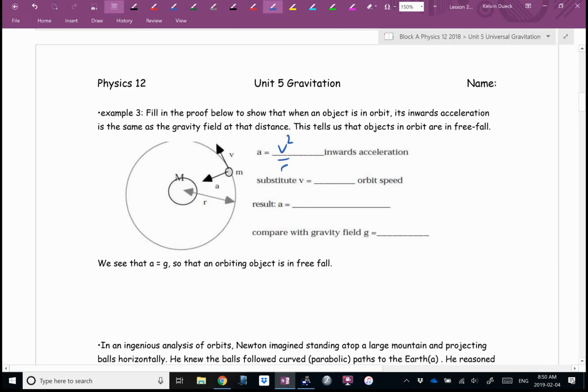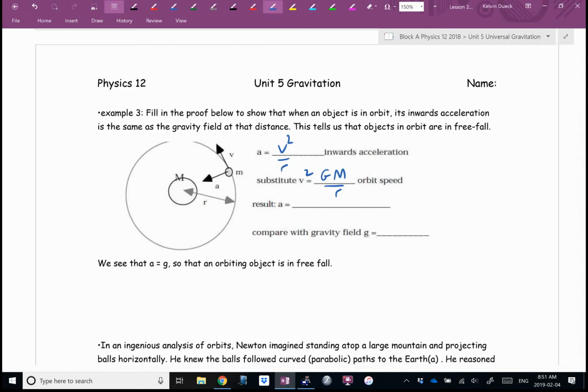But on the previous page, we got an expression for orbital speed. It was the square root of big G, big M over R. So if I had an expression for V squared, I think all that would happen is the square root would vanish. In other words, I think V squared equals big G, big M over R. And so we get this.